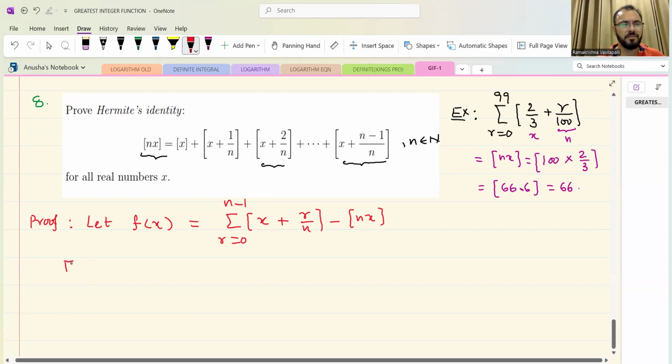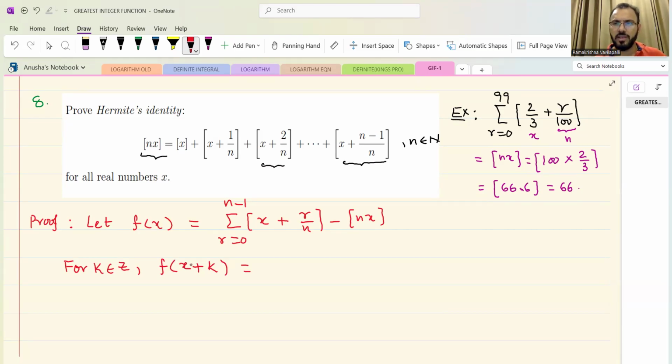For k belongs to z, I am taking an integer k. What is f of x plus k? f of x plus k is nothing but in place of x, you write x plus k. Wherever you see x on the RHS, everywhere you write x plus k.